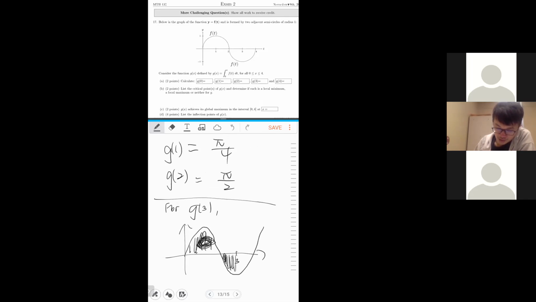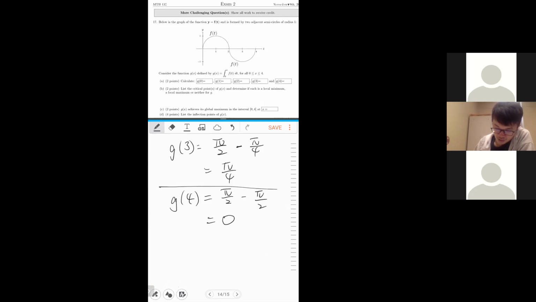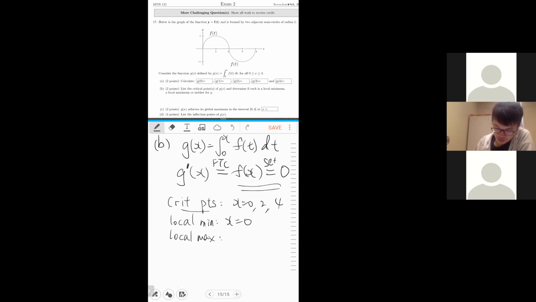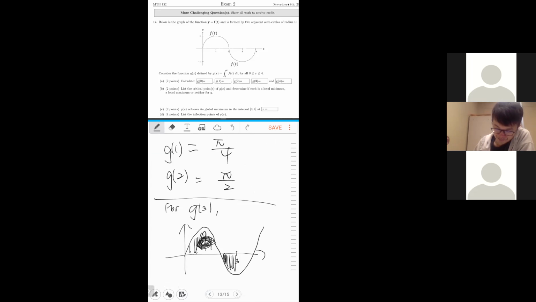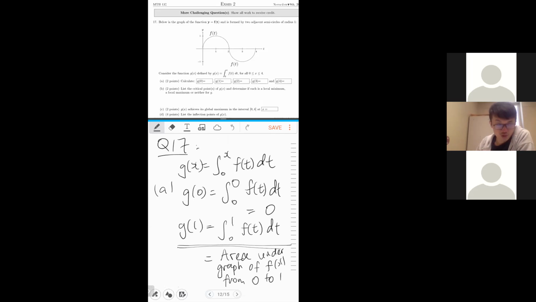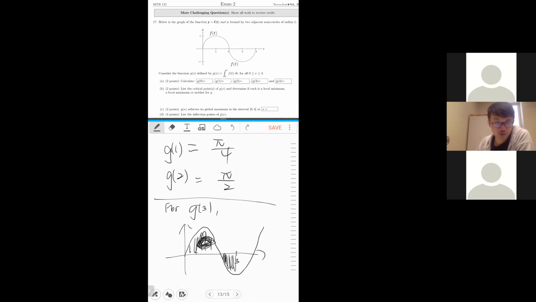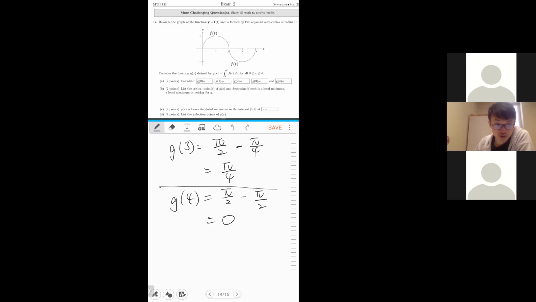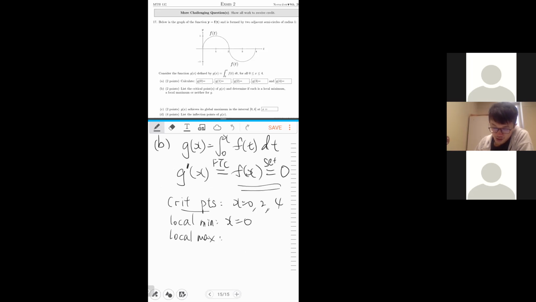So g of 0 was 0, and g of 1 is pi over 4, which is positive. G of 2 is pi over 2, which is again positive. So it's actually increasing from 0 to 2, which makes x equals 0 a local min.